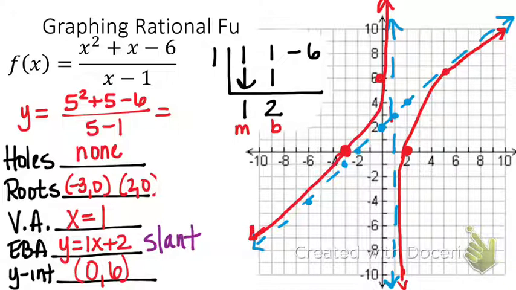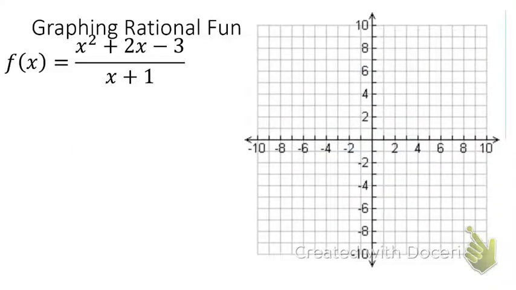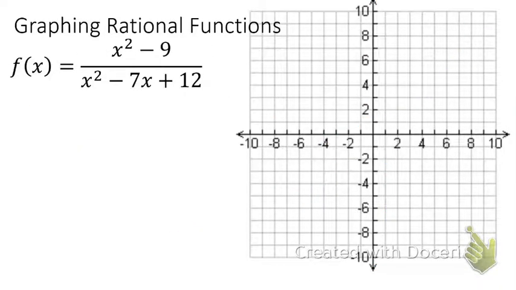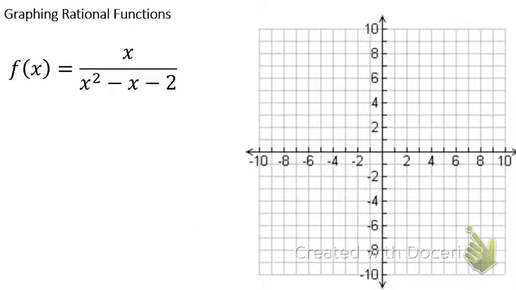Okay, so this last one we're not going to graph. We're just going to answer questions about it. So I'm going to go ahead and put it up. I'm going to take off the graph.